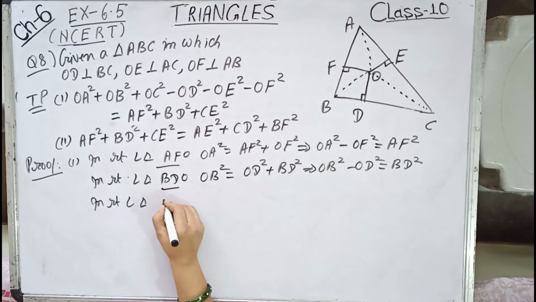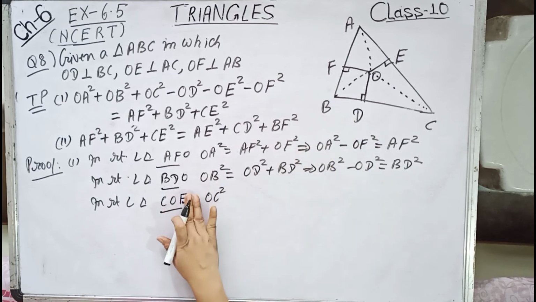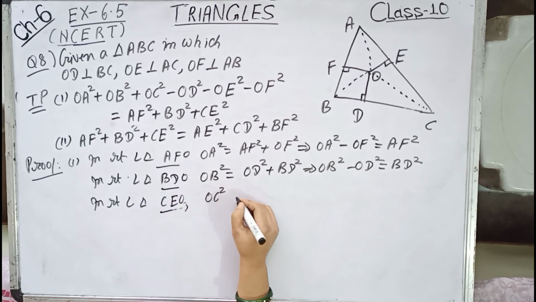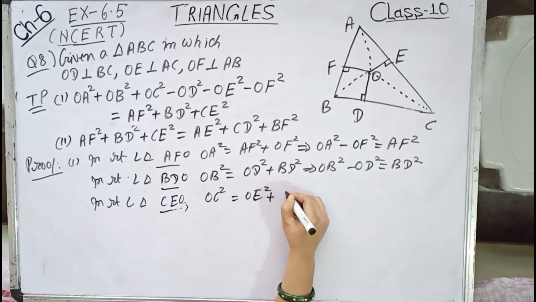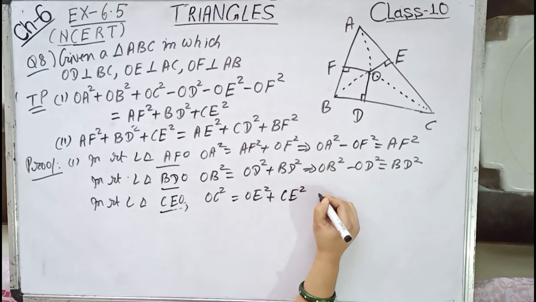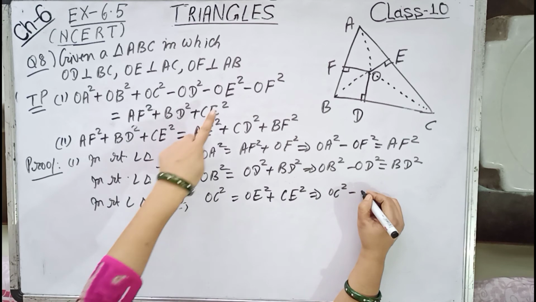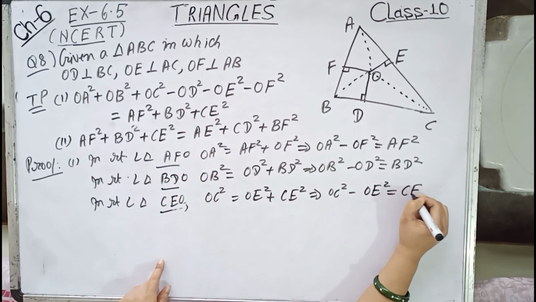So in right angle triangle CEO we should write, OC square equals to OE square plus CE square. This implies OC square minus OE square equals to CE square.